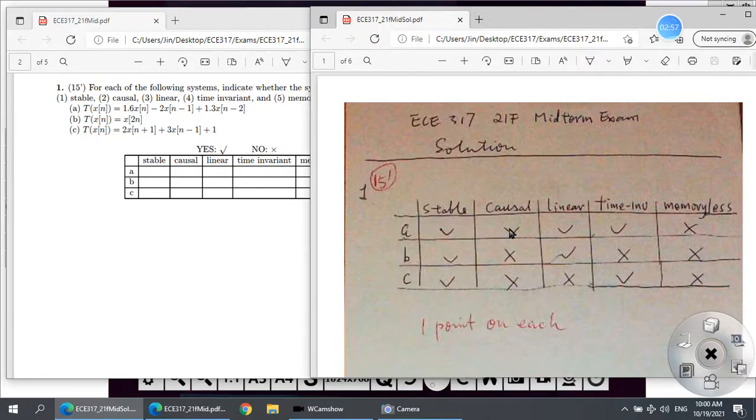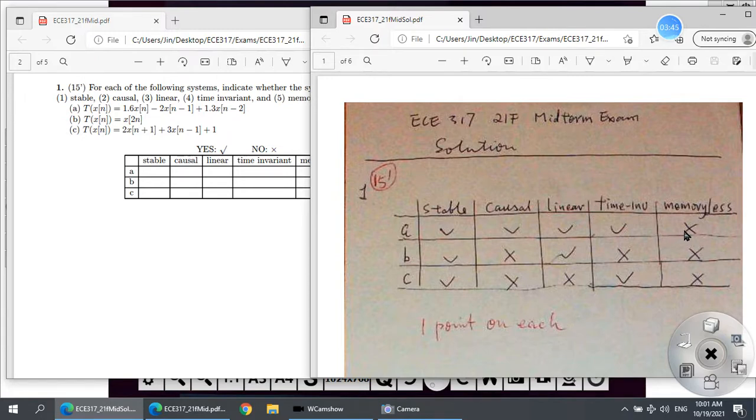For stability, the output is a combination of 3 values from the input, each with a constant coefficient, so you have a bound. If the input has a bound M, the output will have a bound no more than 6 times the input's bound. So this is also a stable system.